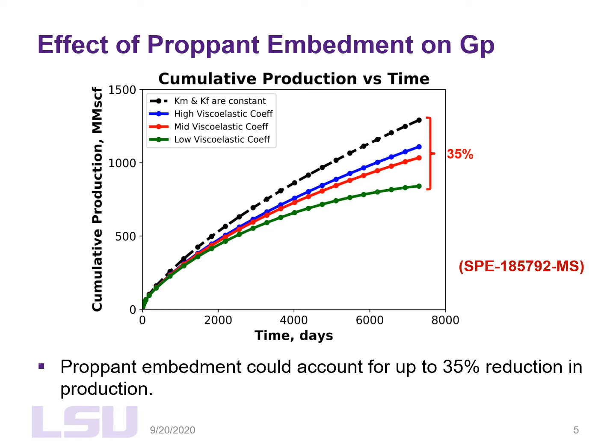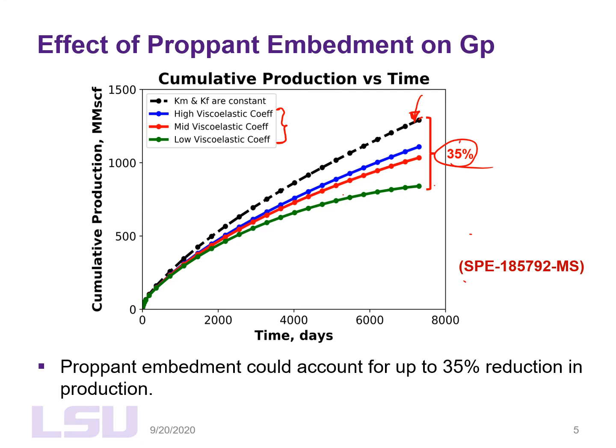So if you assume your matrix permeability and fracture permeability are constant, meaning no change in fracture aperture, you have this black curve. Then at different values of the viscoelastic coefficient, which is what really drives the change in fracture aperture, because it's basically a model of creep, you can lose up to about 35% of your cumulative production, which is very significant.